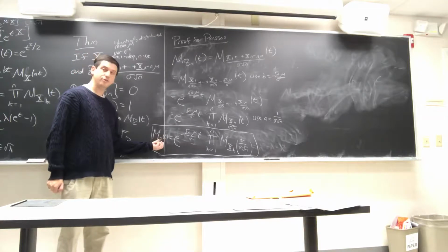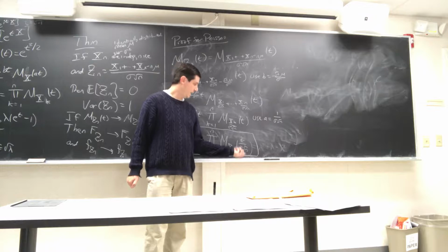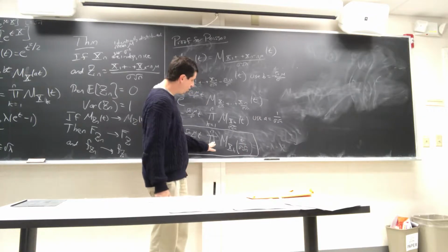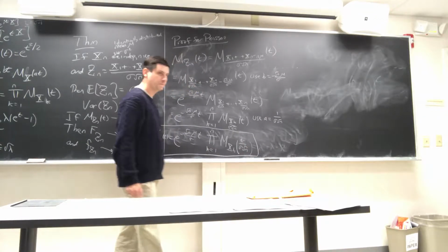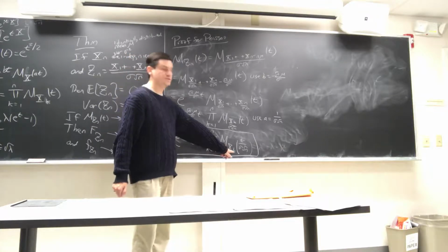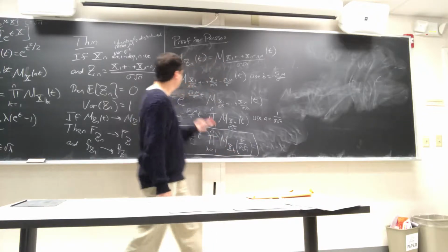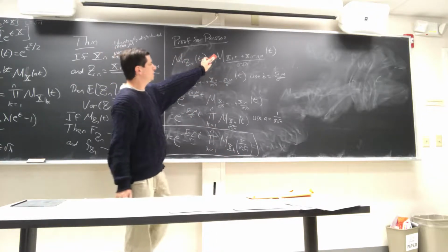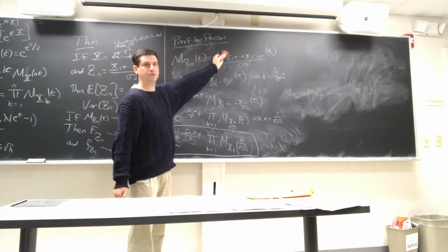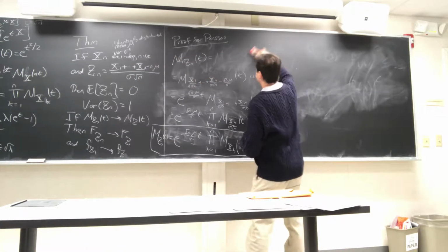So I've now got the moment generating function of Zn in terms of a product of the moment generating functions. If they're all equal, then I can replace all of these with just the moment generating function of X1. So can I erase the algebra up here and just write the answer right here? Is everybody okay with that? We need to conserve board space.